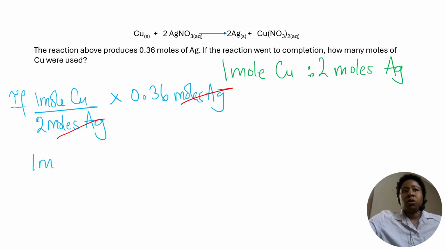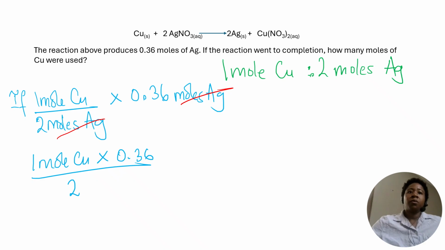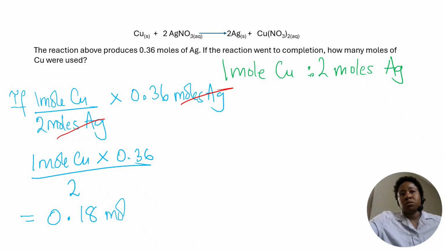All right, so let's transfer that. So 1 mole copper, that unit stays, times 0.36 divided by 2. And essentially 0.36 divided by 2 is 0.18, and we have to keep the units, so we're left with 0.18 moles of copper.